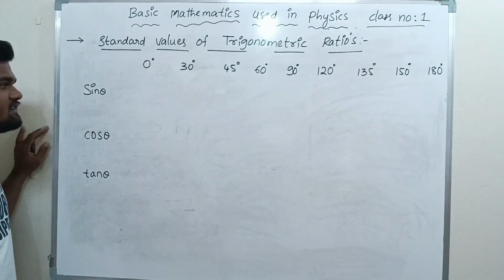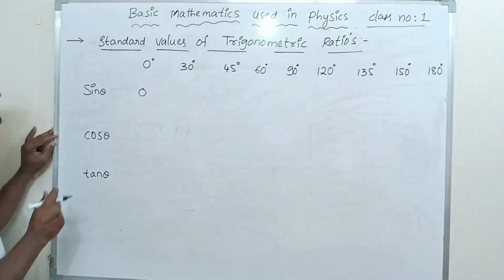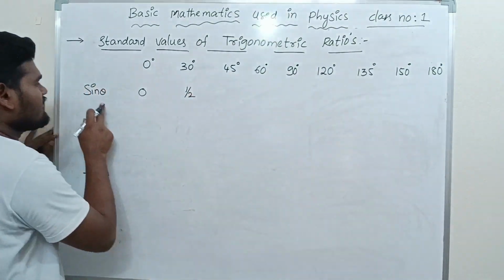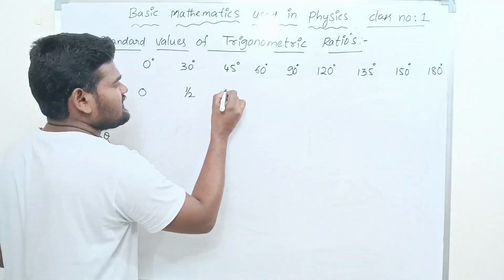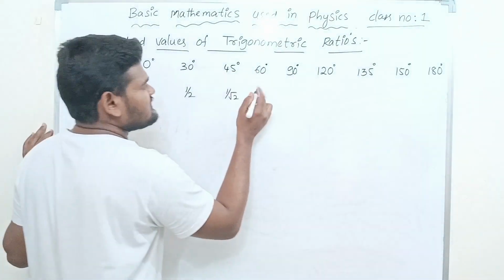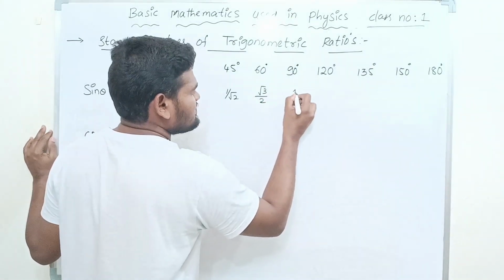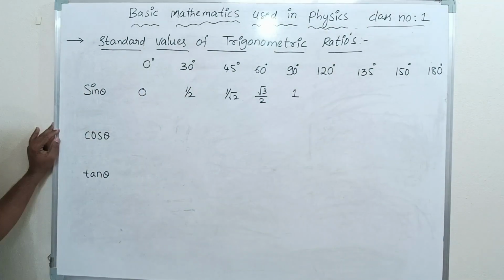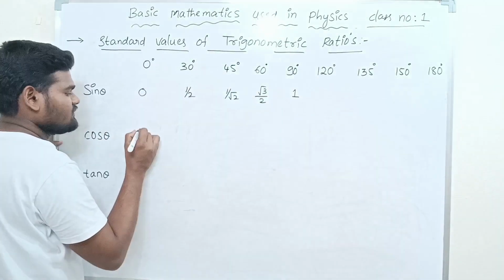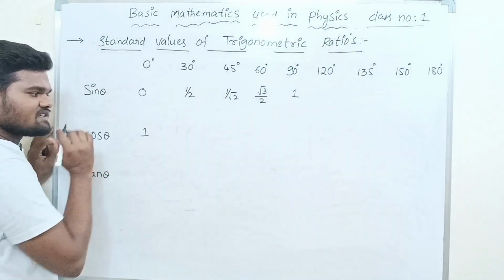Okay, right. The value of sine 0 degrees is 0. The value of sine 30 degrees is 1 by 2. The value of sine 45 degrees is 1 by root 2, the value of sine 60 degrees is root 3 by 2, and the value of sine 90 is 1. Next, the value of cos 0 degrees is 1. Just write these values in reverse order.